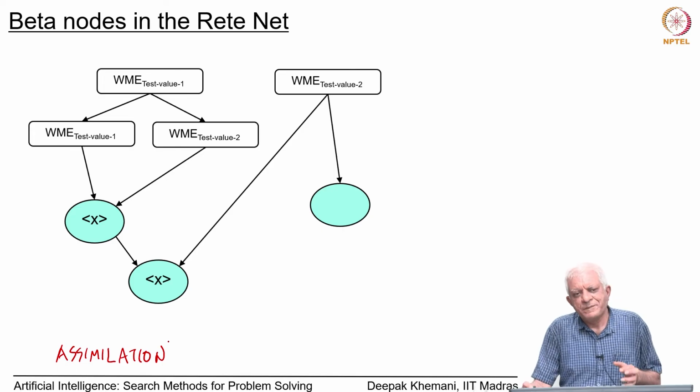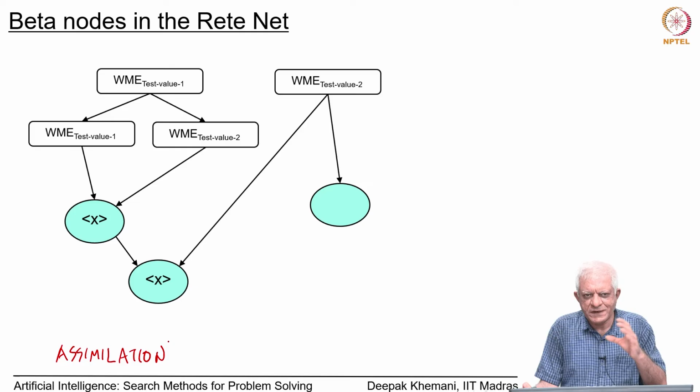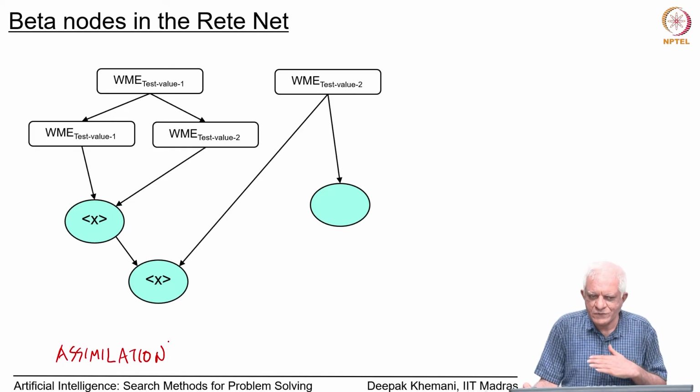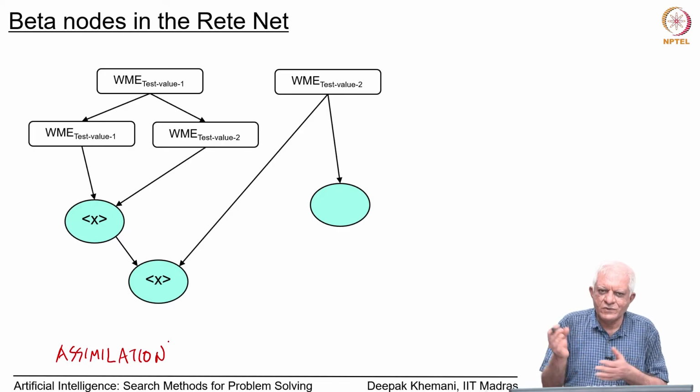Assimilation in the sense that a rule has many patterns. It needs one working memory element for every pattern in the rule, and this lower part of the network, which is called the beta network or beta nodes in the network, they assimilate these different tokens which the rules require.